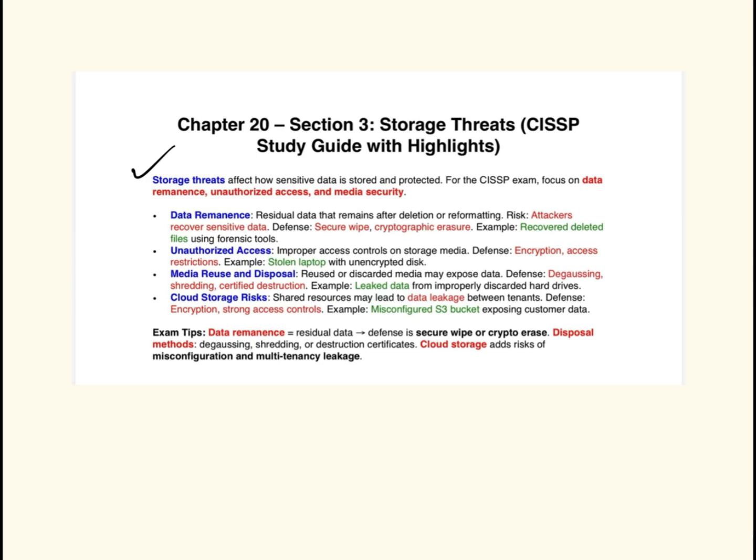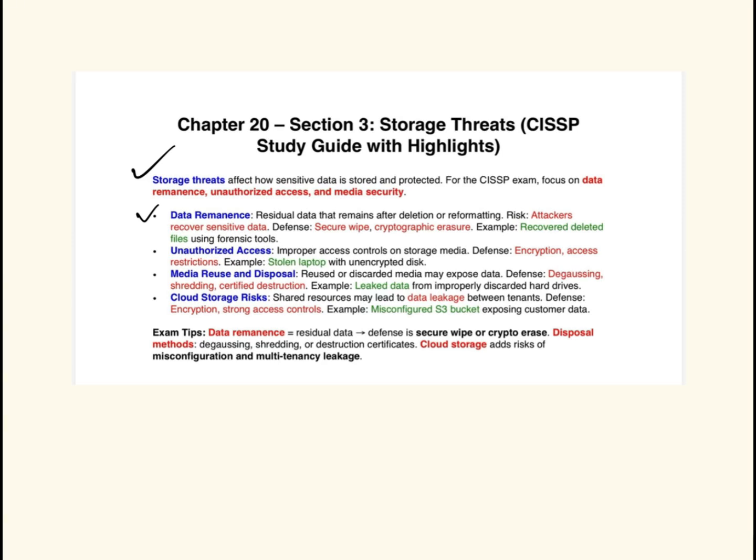So now let's discuss data remnants, which is also called residual data that remains on storage media after deletion or reformatting. An attacker can recover this data using forensic tools. For example, deleted files recovered from an old hard drive or USB stick. The risk: sensitive data, passwords, and financial info can still be recovered.